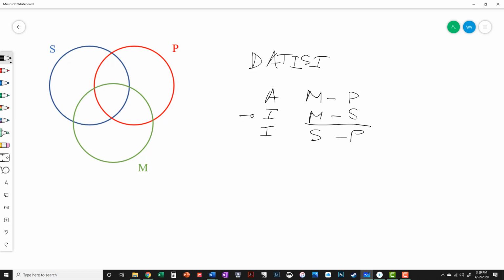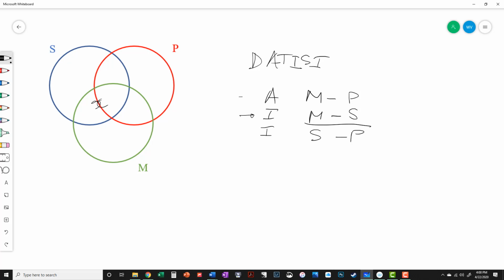Now, if we don't know where to put it, either on the P side or the non-P side, the way to do it is to draw the X directly on the line. Okay, we don't want to assume something that we don't know. All we know is that the intersection of S and M is non-empty. We don't know whether that means that there is a P or that there is a non-P. So we can't assume one way or the other with regard to P and non-P. To avoid that, we put the X right on the line.